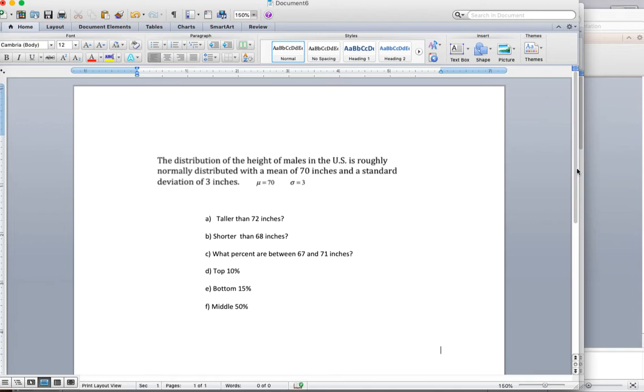What percent of adult males are taller than 72 inches, shorter than 68 inches? What percent are between 67 and 71 inches? What about the top 10%, or the bottom 15%, or the middle 50%?